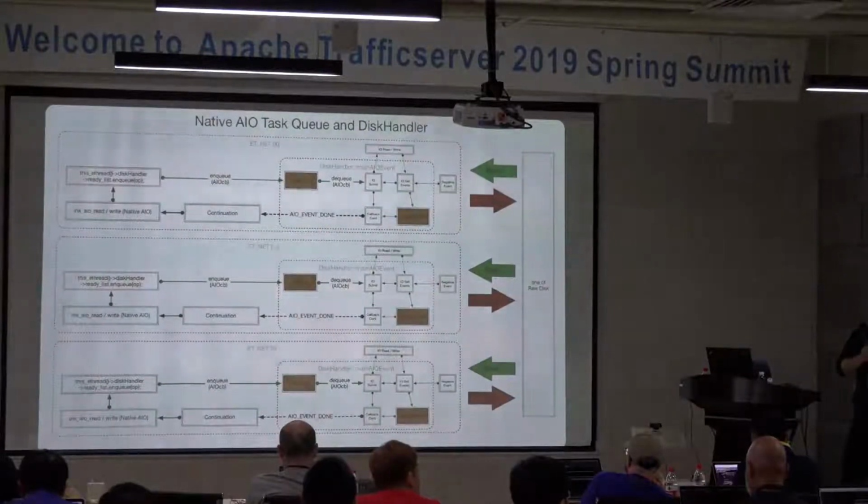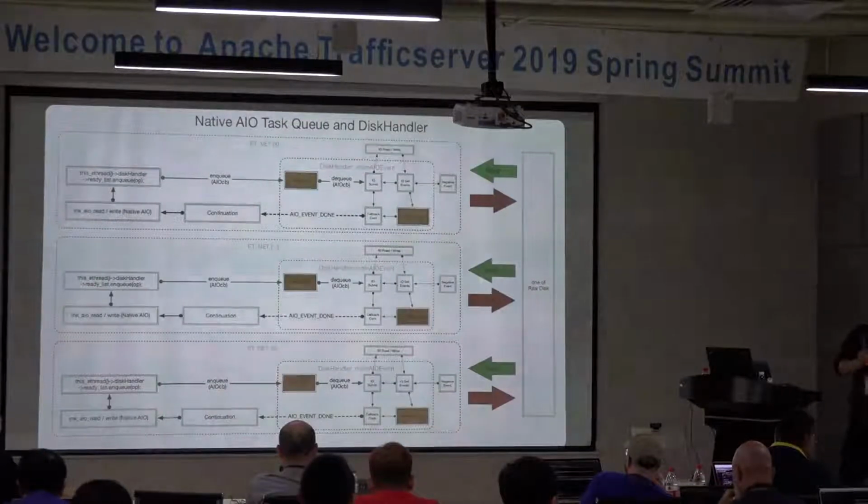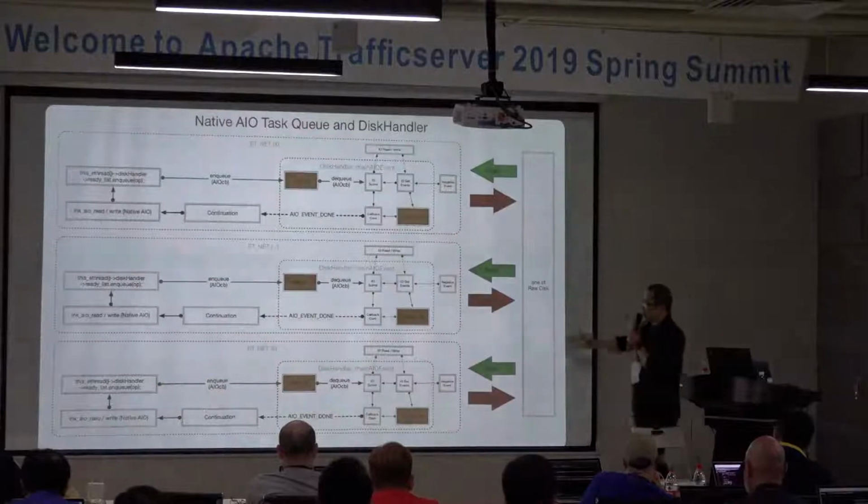The problem you have here is that if you're doing native AIO, then you have two blocking calls, one for the disk I/O and one for the network I/O, because ET-net is also doing the epoll on the sockets. No. This is not blocking the ET-net.